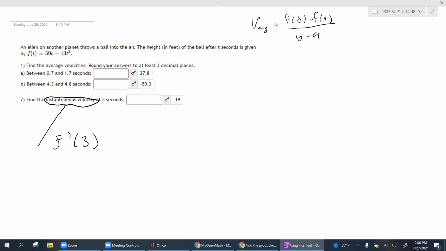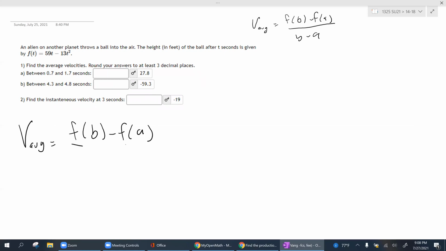That's what instantaneous velocity means. You take the derivative and you plug in the value. To find average velocity, you're going to use the formula f of b minus f of a all over b minus a, which we know is our slope formula.